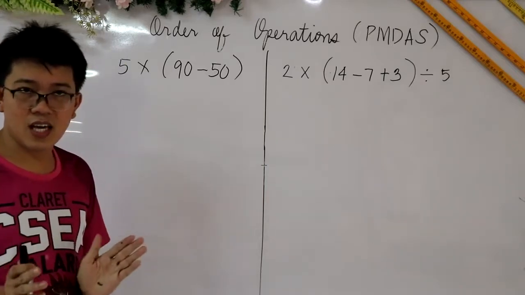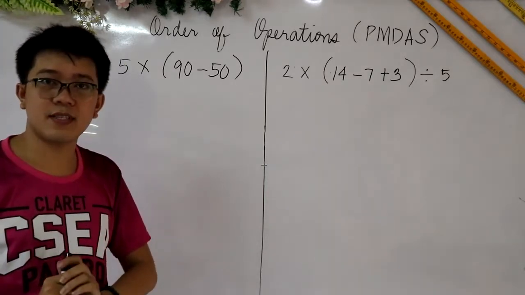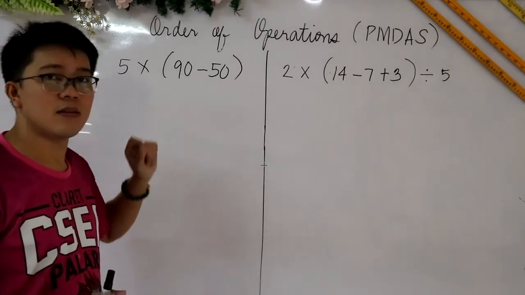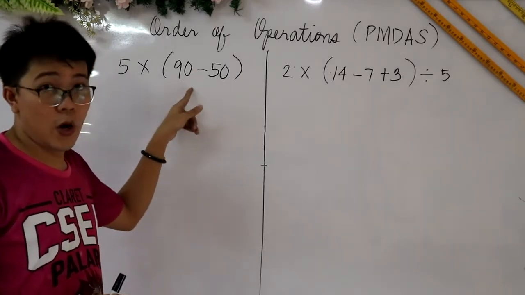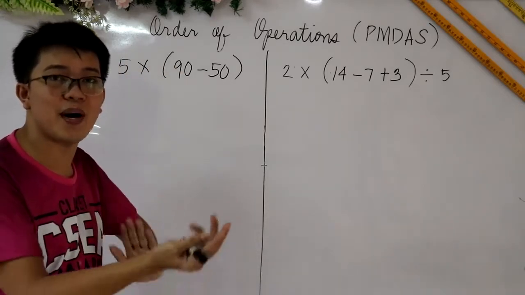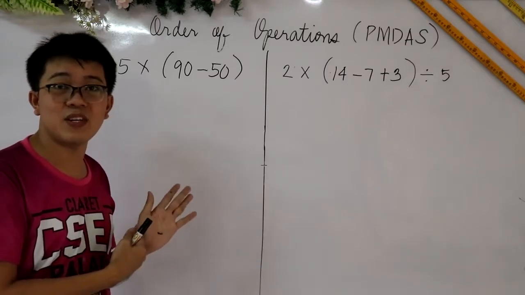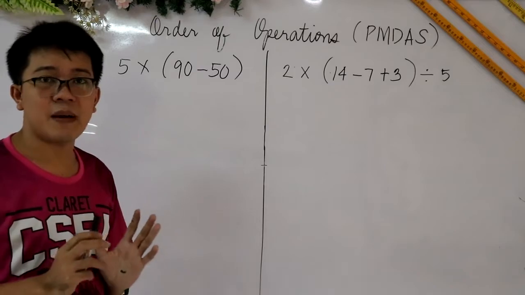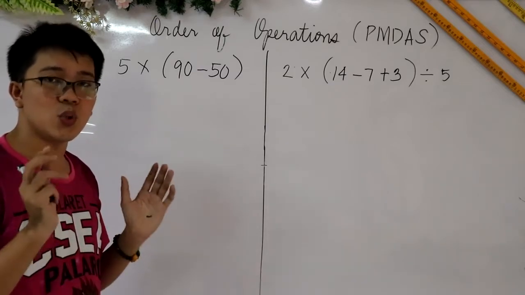Now, which do you think is the operation to be performed first? Is it multiplication or addition or subtraction or parentheses? Correct. If we go back to the rules that were given earlier, parentheses comes first. So we're going to do the grouping.